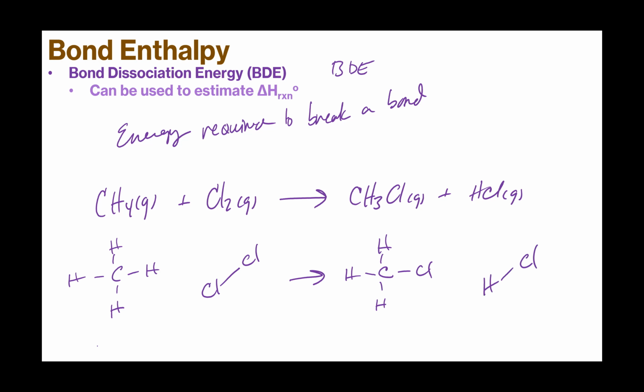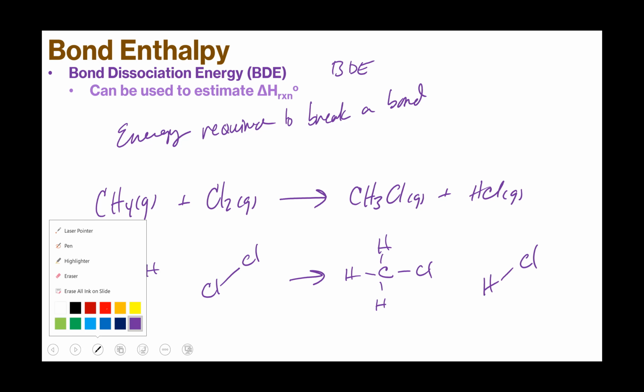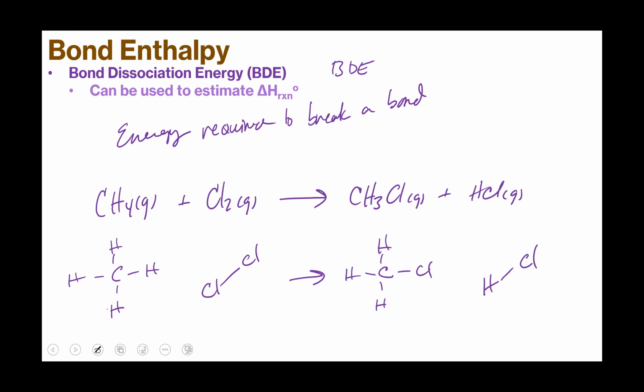Now we just have to decide what's broken and what's formed. Bonds that are broken end up on the reactant side, so we'll call this side broken. In order for this to work, we have to break the Cl-Cl bond, and we have to break one of these CH bonds. It can be any one you want. We're going to break that one.